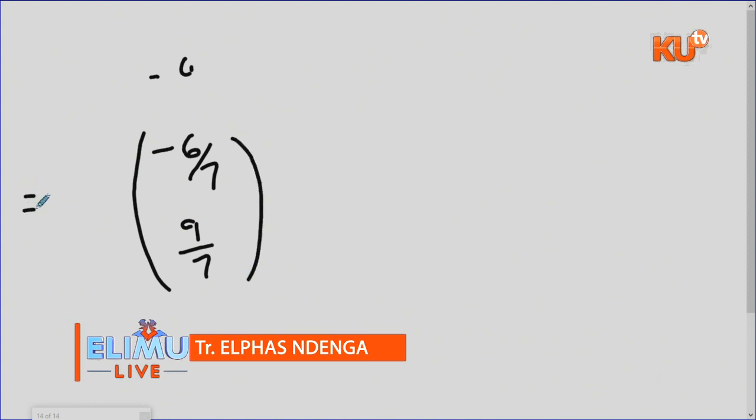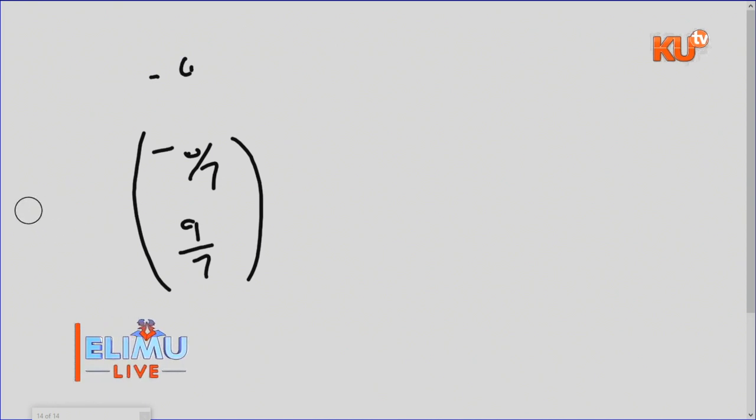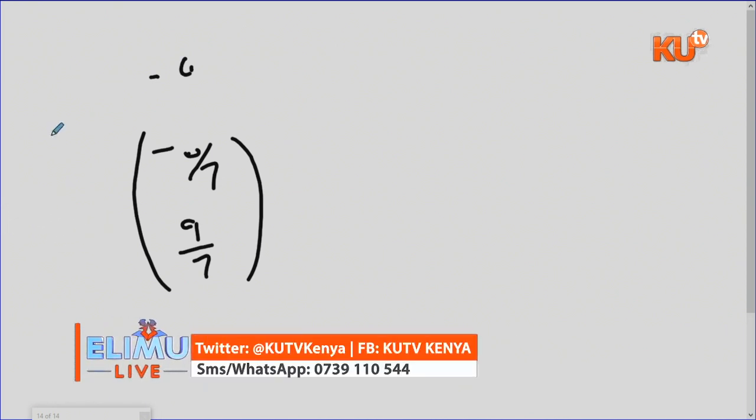So that is our solution for x and y. If we work this out, we have the solutions for x and y, which we are saying is negative 6 over 7 for x, and 9 over 7 for y.